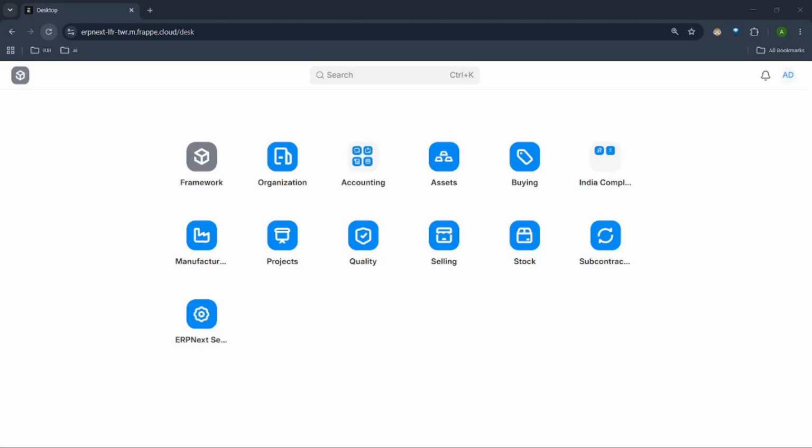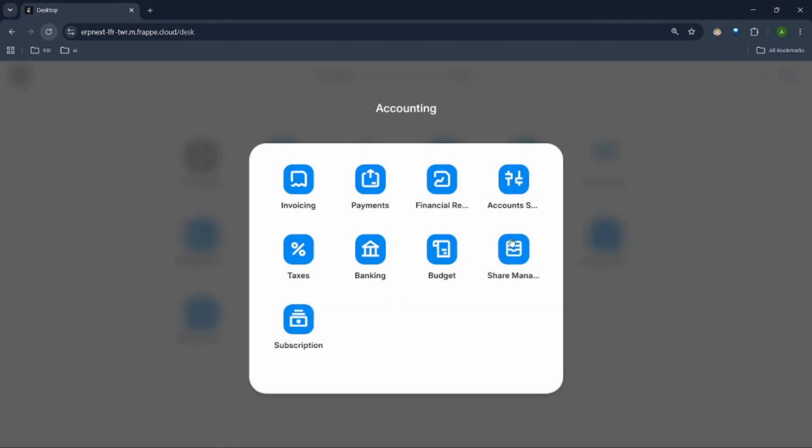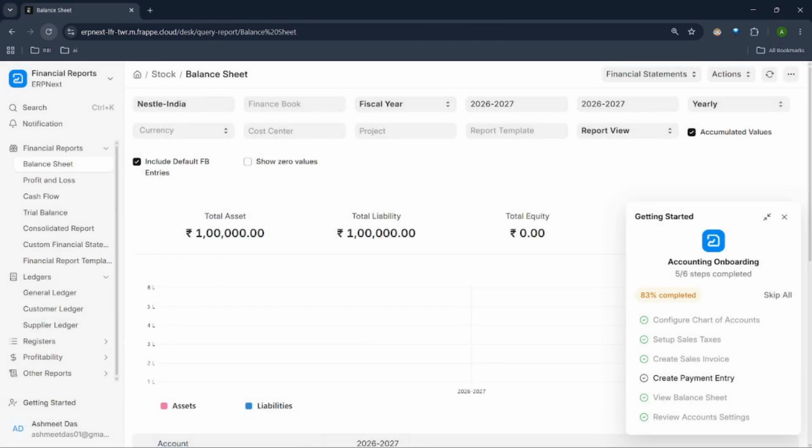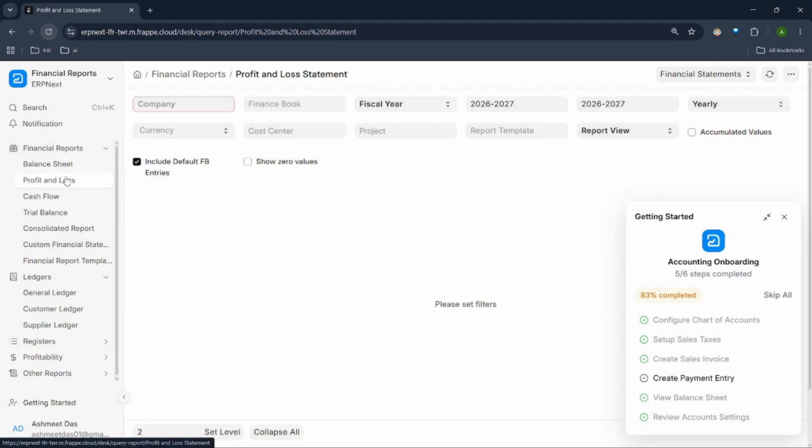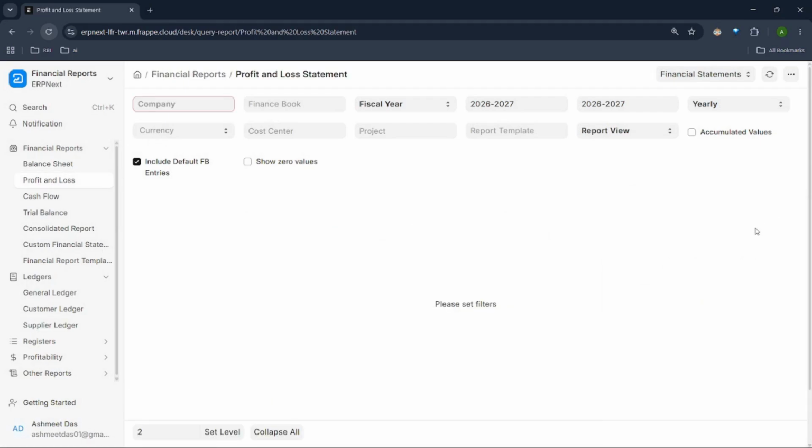To know about the financial health or status of the company, we use financial reports like the P&L statement or balance sheet. The P&L statement showcases the profit and loss, basically subtracting expenses from our total income.